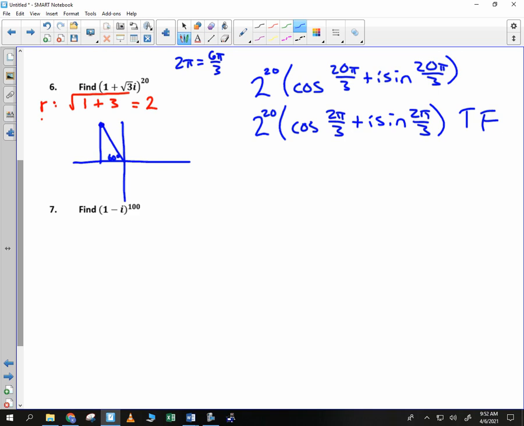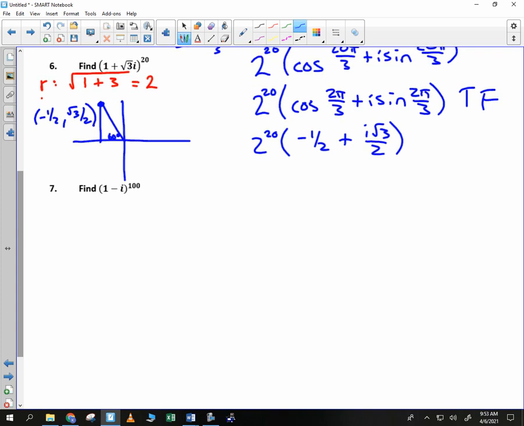What's this coordinate right there? So cosine is the x value or the y value? X value. So we get 2 to the 20th times negative 1/2 plus i roots of 3 over 2.